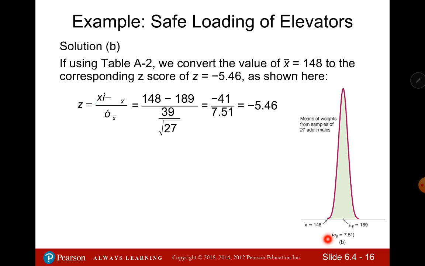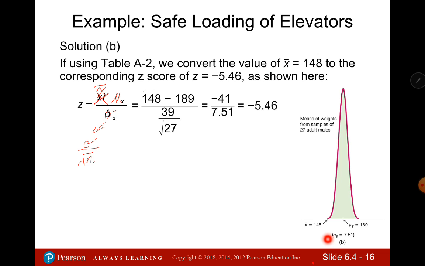So here we are talking about the x bar. This part we can write like this. So we plug in the values. This time we know the sample mean value is 148.